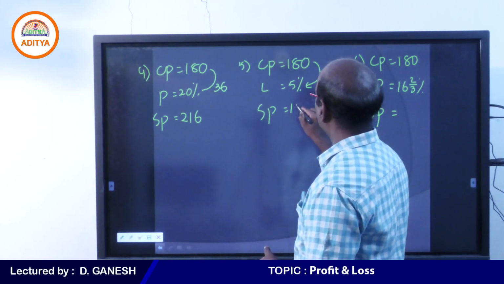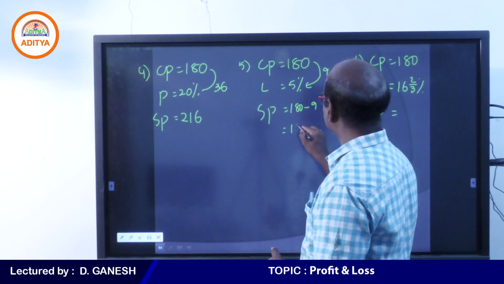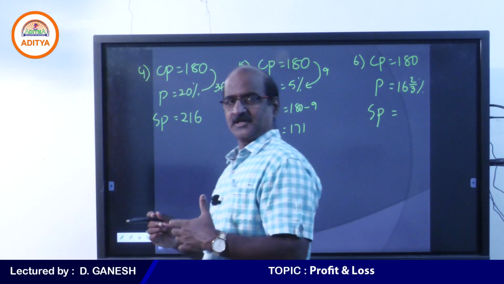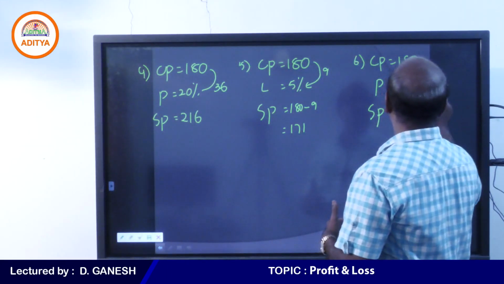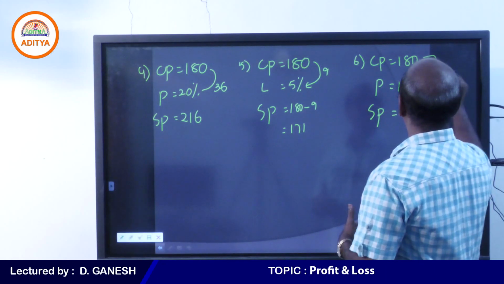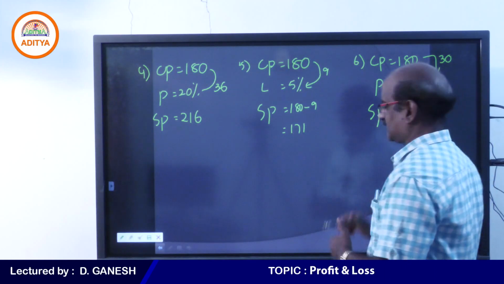Because you are selling for 9 rupees less, 180 minus 9, you should be selling for 171. Now question number 3: 16 2 by 3% is nothing but 1 by 6. So 1 by 6 of 180 is 30. So 180 plus 30 is 210.